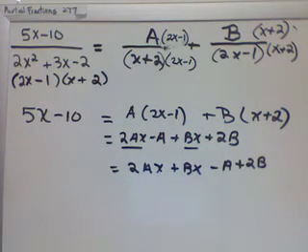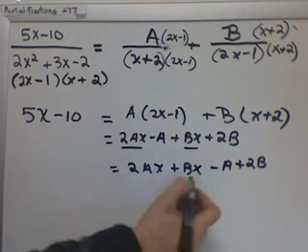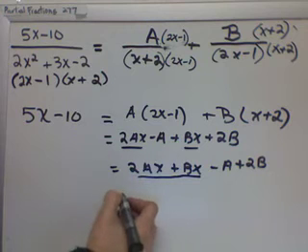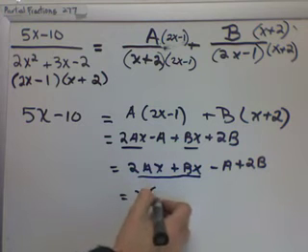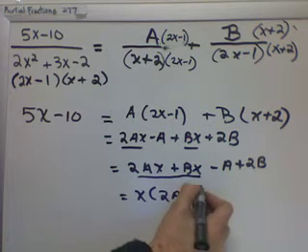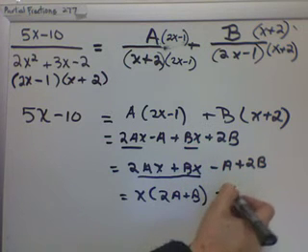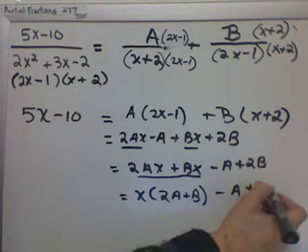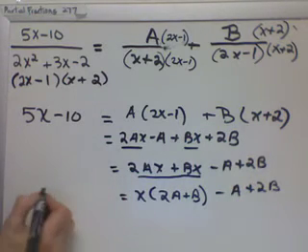At this point, I'm going to factor so that I have the x factored out here. So I have x parenthesis 2a plus b. Nothing common to factor out here, so I'm going to just leave that as my constant term. Now again, remember we're comparing the top.